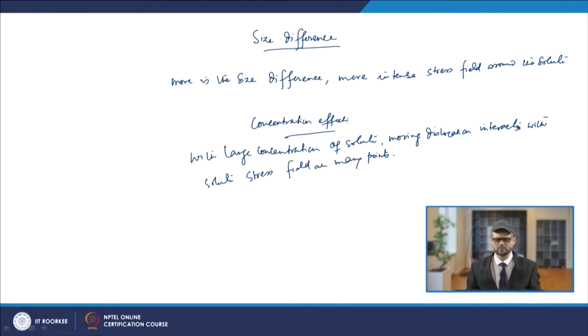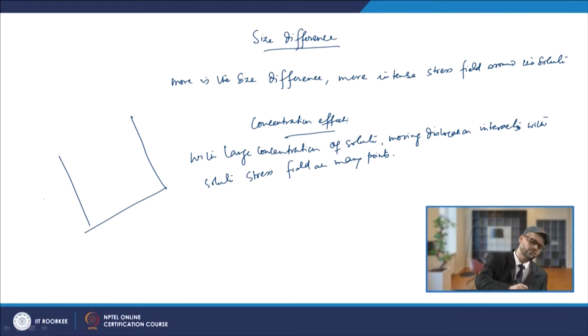So, if you talk about these effects and try to interpret them in a graphical way, if you try to draw the graph, on the y axis you have yield strength, in mega Newton per meter square, and this is your atomic percent solute.